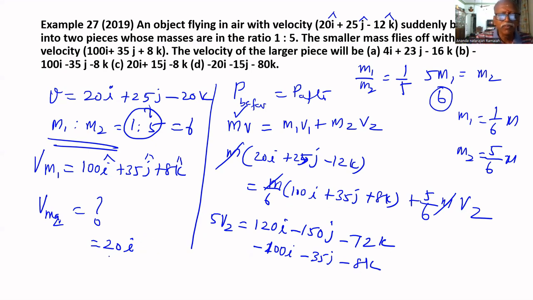Minus 185 minus 100, 185J, 80K minus. This 150 is plus, so 115J. 115J plus 115J minus, both are minus, that's why 80K.